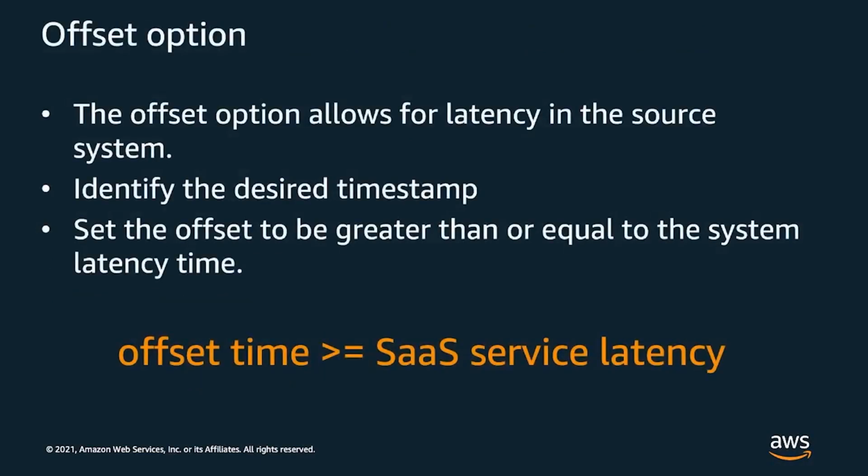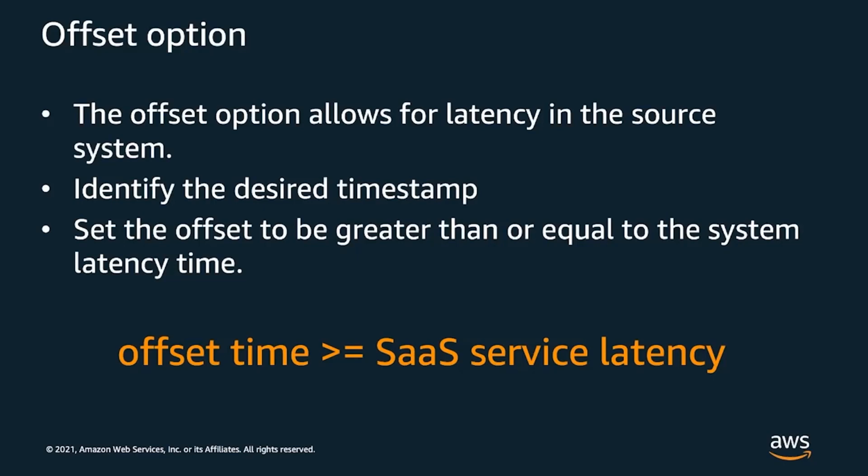There's also a thing called the offset option when you're using scheduling, and this is important to understand. With some of the services you're working with, you might have some latency in how they're time-stamped. For example, when you're doing your daily pull and saying grab it by this date, it's going to look at that timestamp.